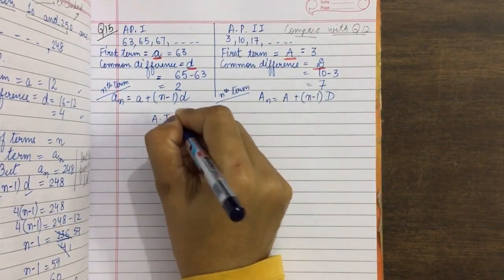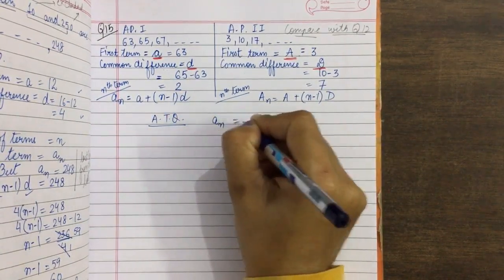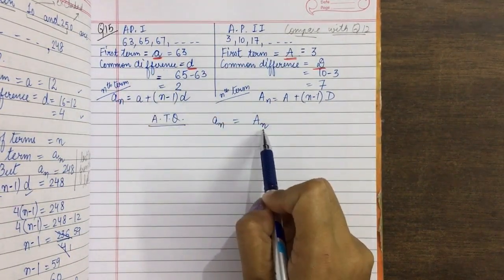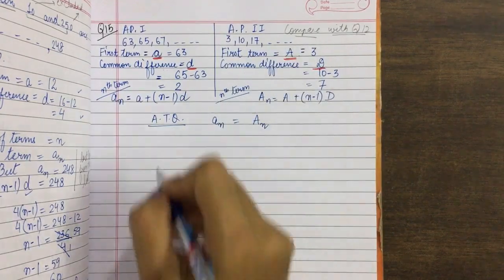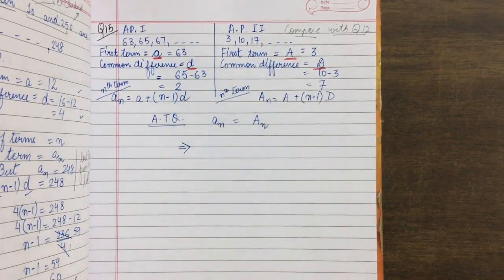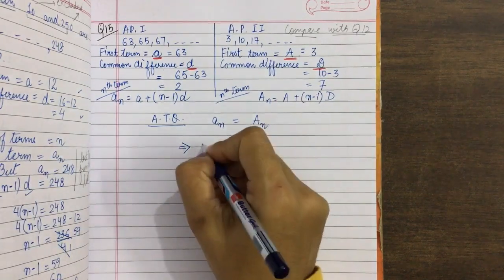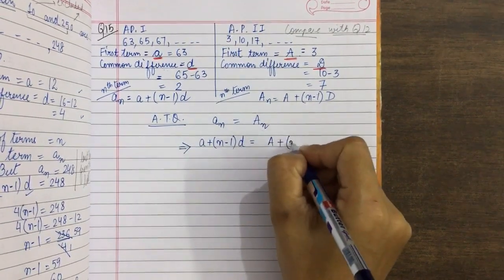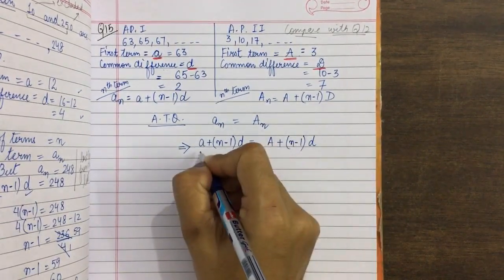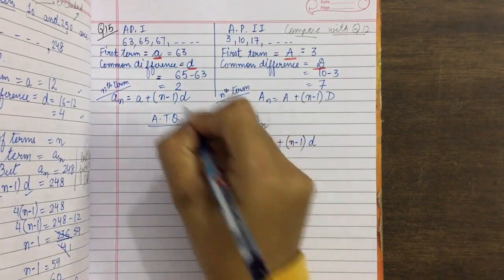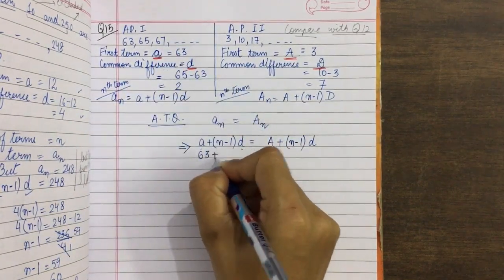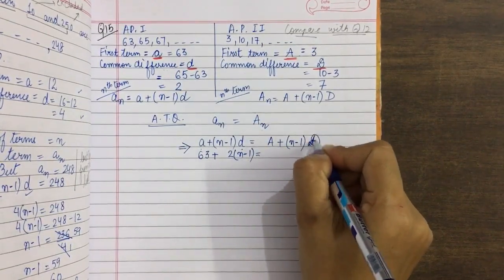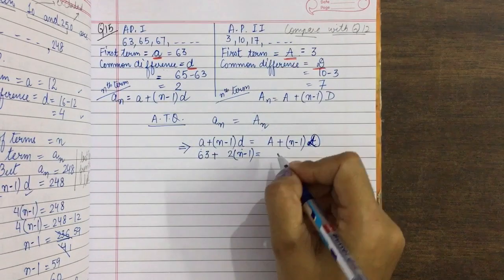Now according to the question, a_n is equal to A_n. The nth term of the first progression and the nth term of the second progression should be equal, and we want to obtain the value of n. Let's put the values and solve. Using values of a and d from here, capital A, capital D from the second progression.